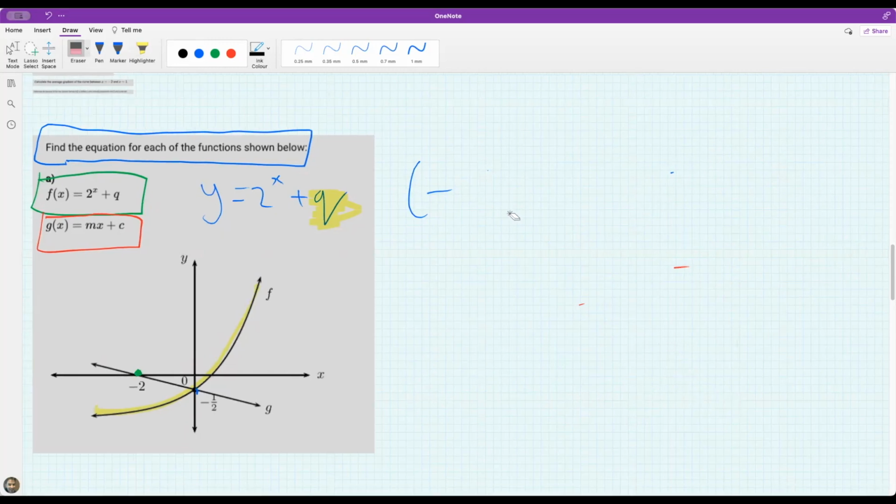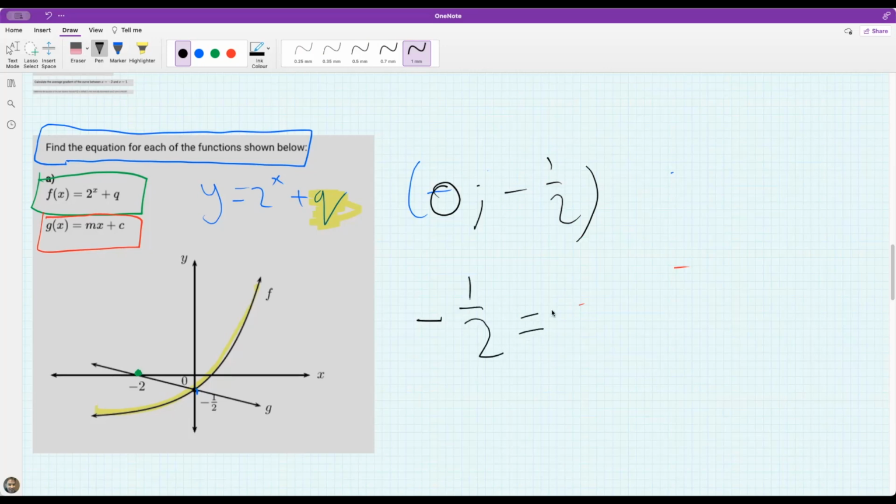So if you look at this question, the y-intercept is a half, but really its full coordinate is 0, minus a half. So if you're subbing that in, you're going to get minus a half equals 2 to the 0 plus q. So what is q going to be in that case?